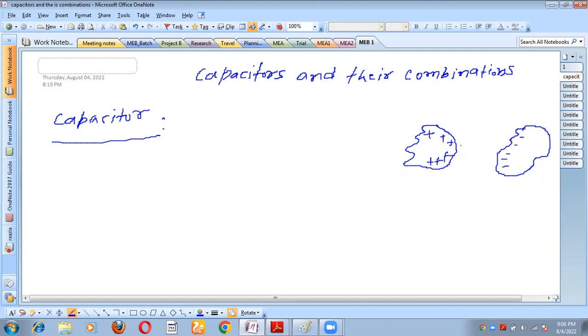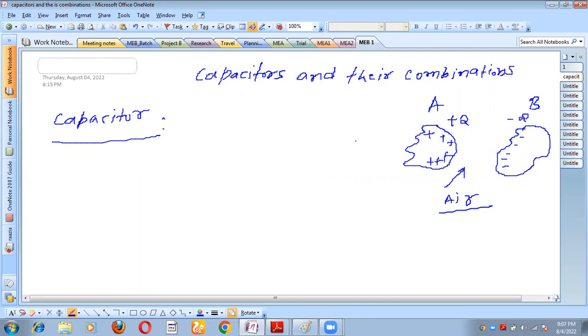The thing is that they should be placed close to each other, and there must be an insulator between the conductors. Like here we have conductors A and B. They are placed close to each other and they are charged, so they can also form a capacitor. Suppose air is in between these two conductors and the charge on each conductor is Q. Suppose here we have plus Q charge and here we have minus Q charge.